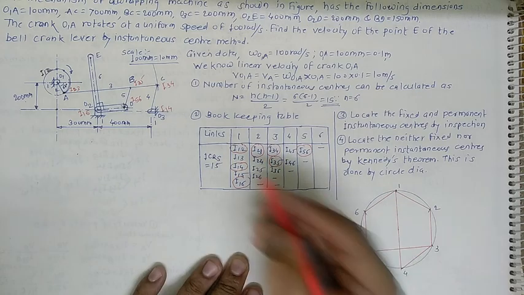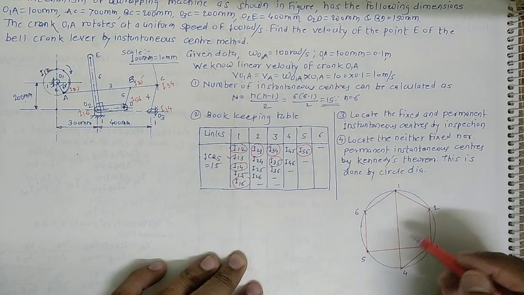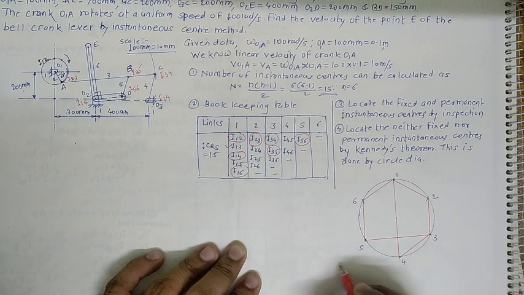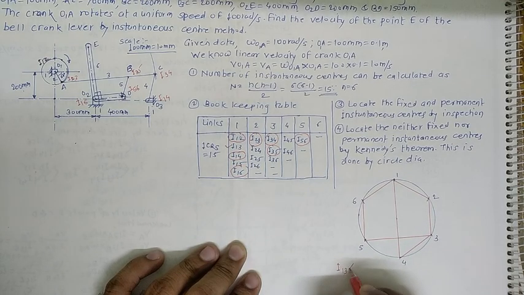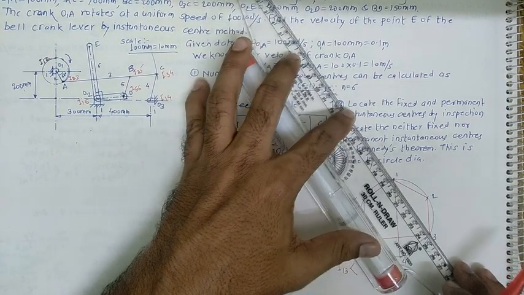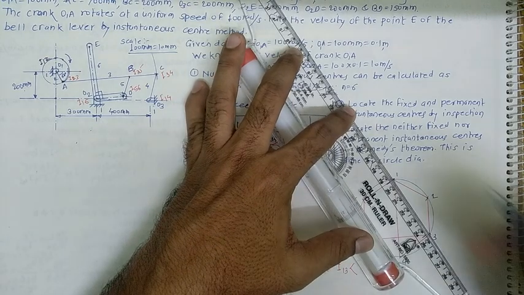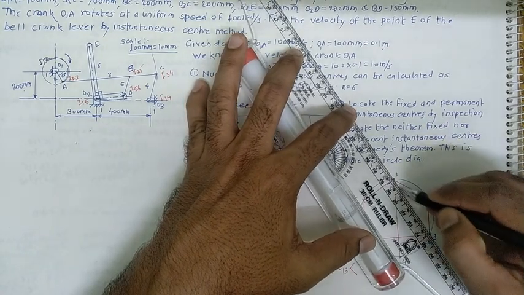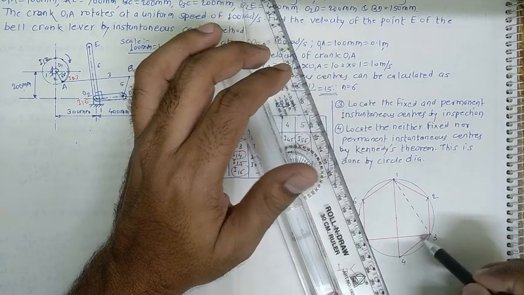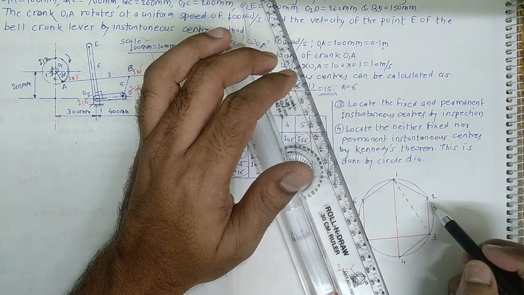Now the first point here is I13. With the help of this circle diagram, just get the path for it. If I join this I13 in this way, I13 is the intersection of two sides of this triangle from this side and two sides of this triangle from the other side.